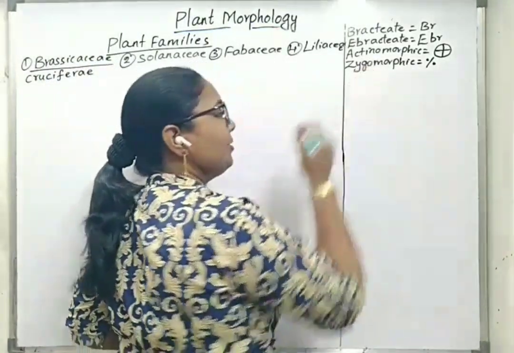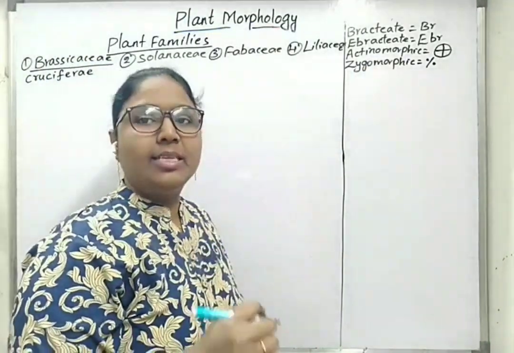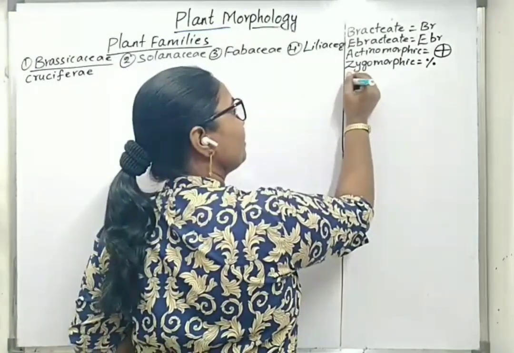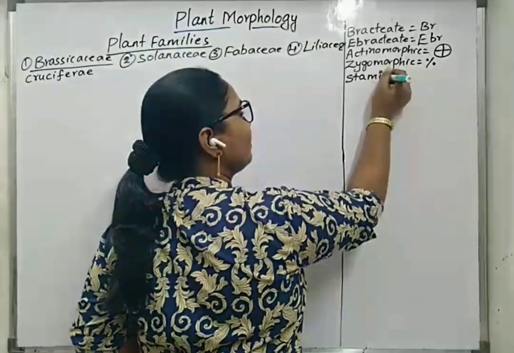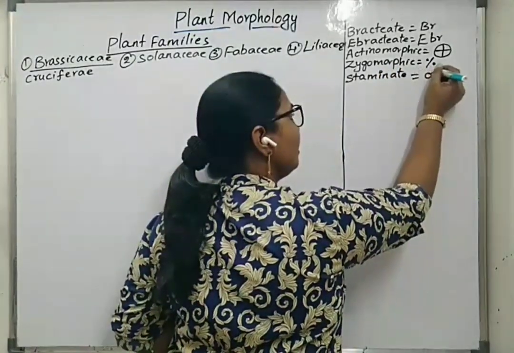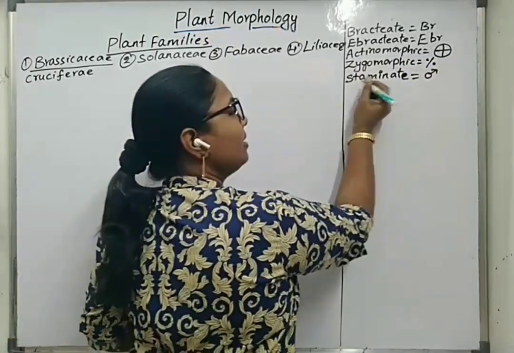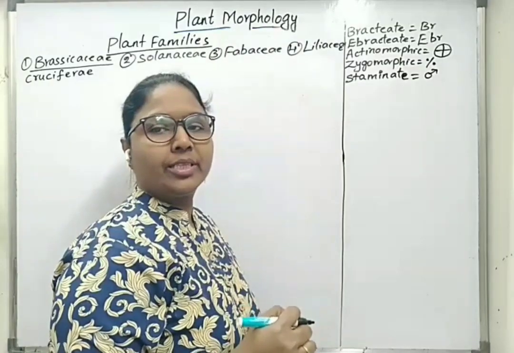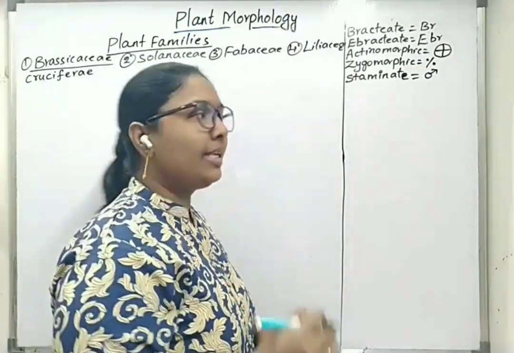Next, if the flower is having stamen, the male reproductive structure, such flowers are called staminate flowers. If the flower is having gynoecium, the female reproductive structure, such flowers are called pistillate flowers.